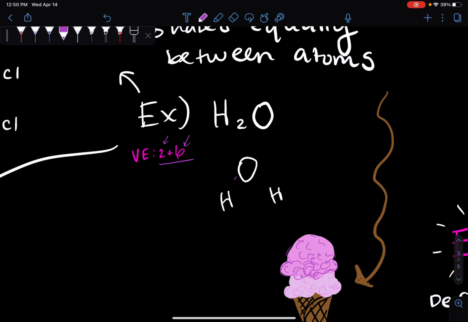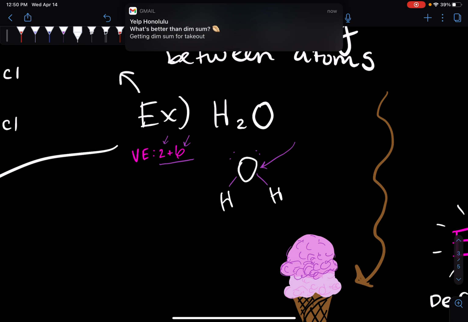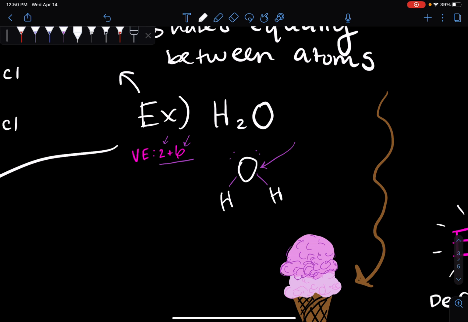And so we're going to make 2, 4, 6, 8, right? Well, this oxygen right here isn't quite strong enough to completely rip off the electron from either of these hydrogens right here. So they're going to end up sharing.